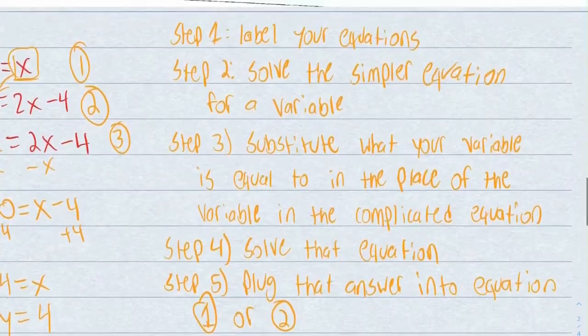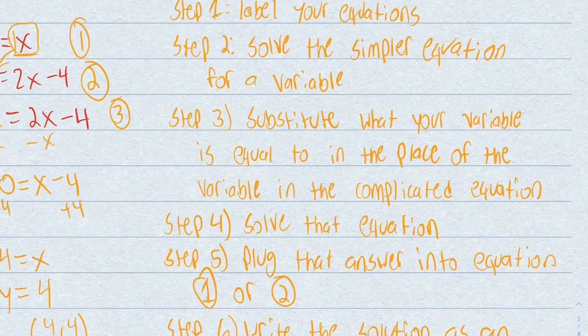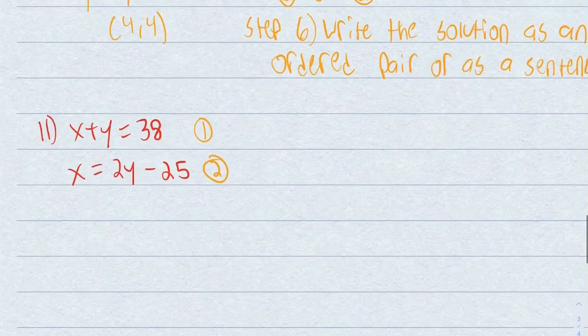Step 3, substitute what your variable is equal to in the place of the variable in the complicated equation. Okay, so x plus y equals 38. That's a little bit more complicated than the bottom one. The bottom one is solved for x. So we're going to take what x is equal to. x is equal to 2y minus 25. And we're going to take that and we're going to substitute it for the variable in equation number 1.